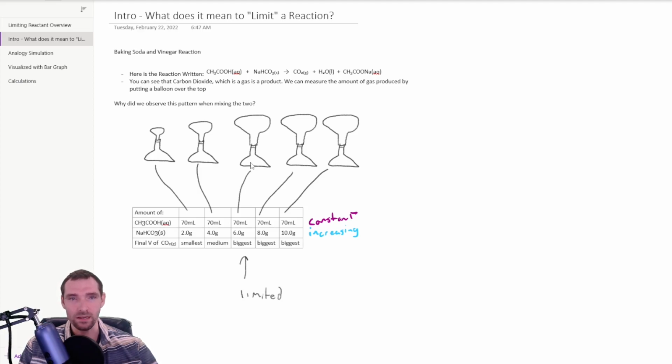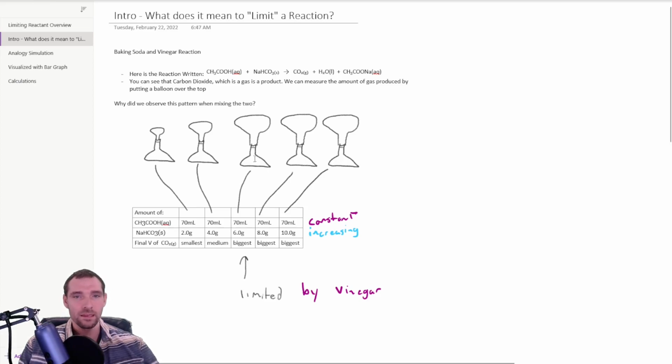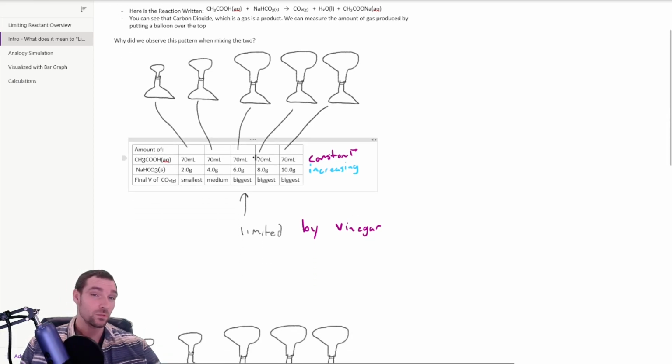So we've used up this one, the aqueous, in this first situation. So it was what was limiting the reaction. So this was limited by what was constant, limited by the aqueous. So that's the vinegar or the acetic acid.